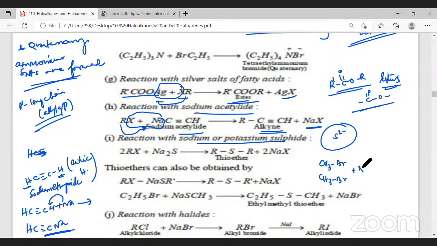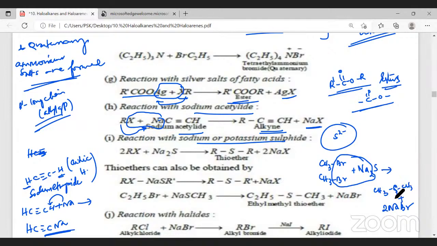When it reacts with sodium sulfide, Na2S, sulfur has a 2 minus charge and sodium has a +1 charge. Therefore, to balance the valency, it is Na2S. Therefore, we are taking 2 moles of alkyl halide. What happens now? 2Na and Br get eliminated as 2NaBr. What else do you have now? You have CH3, S, and CH3.